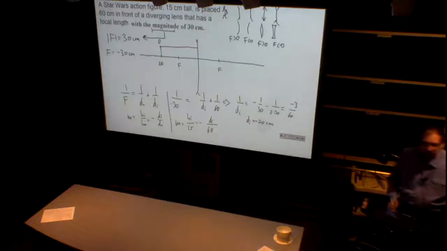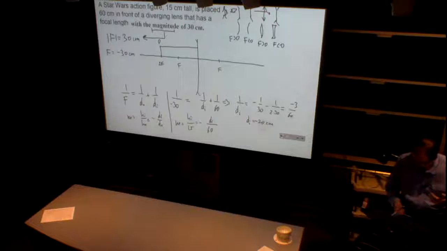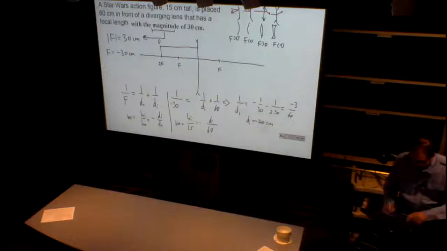Now we need to know which focal point to choose to draw a ray correctly. This is a diverging device. So what does it do? Well, a converging device always bends a ray toward the principal axis. A divergent device always bends a ray away from the principal axis.